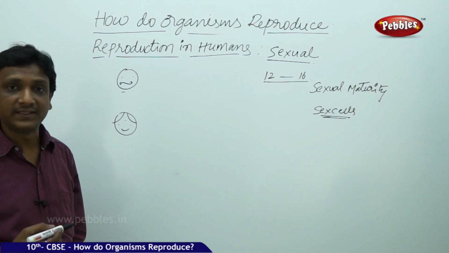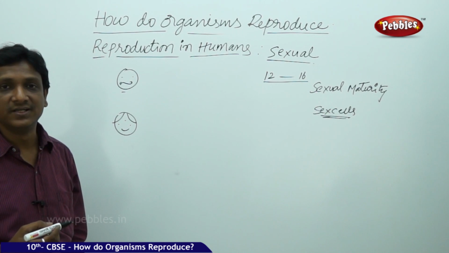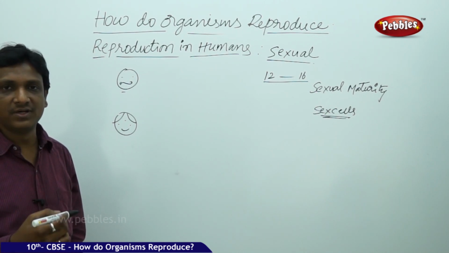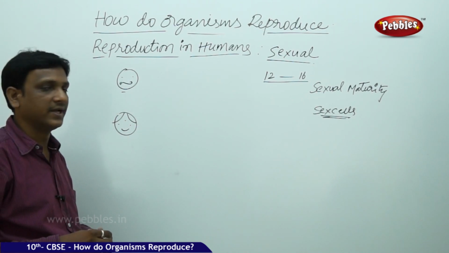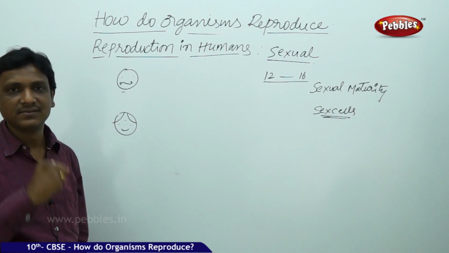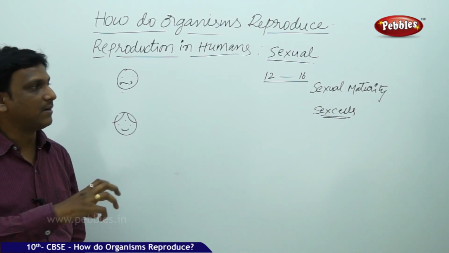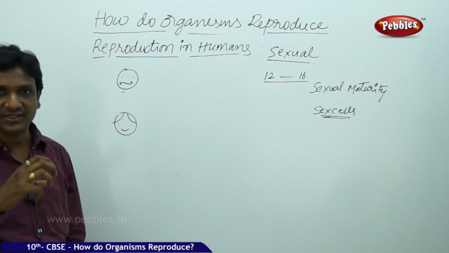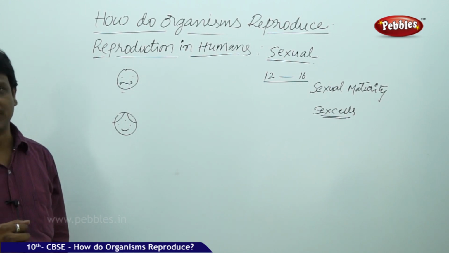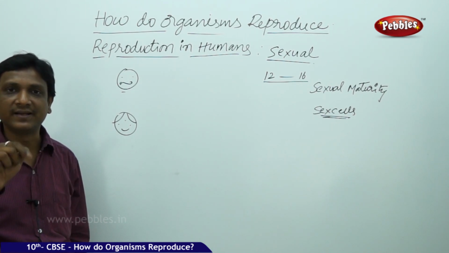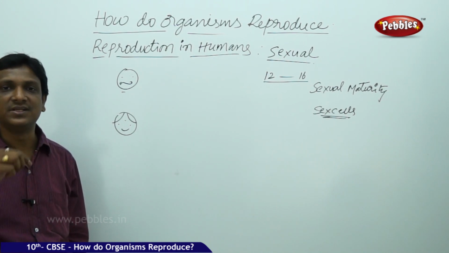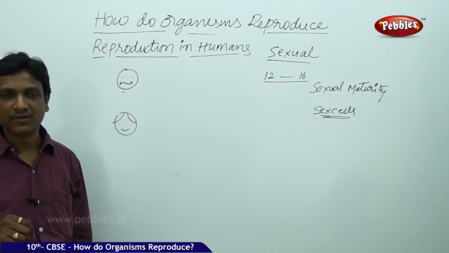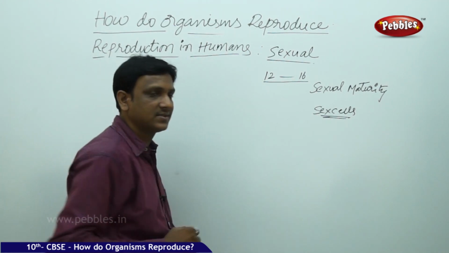And how do we know that the changes are initiated? They are observed by physical changes in the body. We can observe it: this girl is becoming adolescent, this boy is becoming adolescent. And you yourself can identify the changes in your body which happen during adolescence.